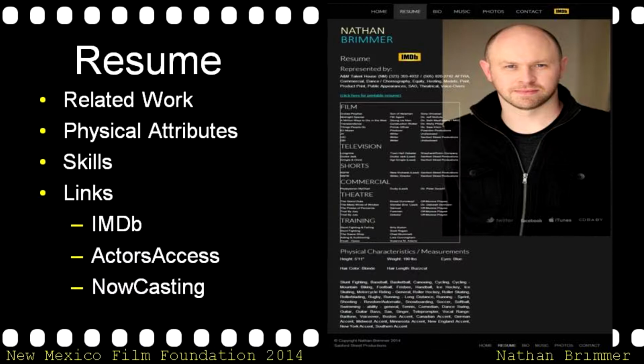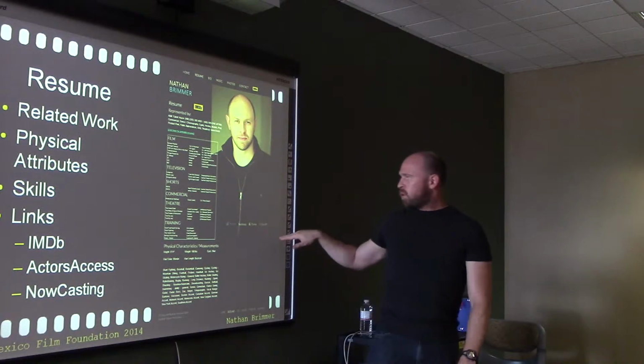Down here I still have my physical characteristics and my miscellaneous skill sets. I still look at this and think of 30 different ways I can present this information. But at the same time, people might just be scanning and checking things out. I make sure that the less important information, at least in my opinion, for what I'm trying to show people, is below the fold.